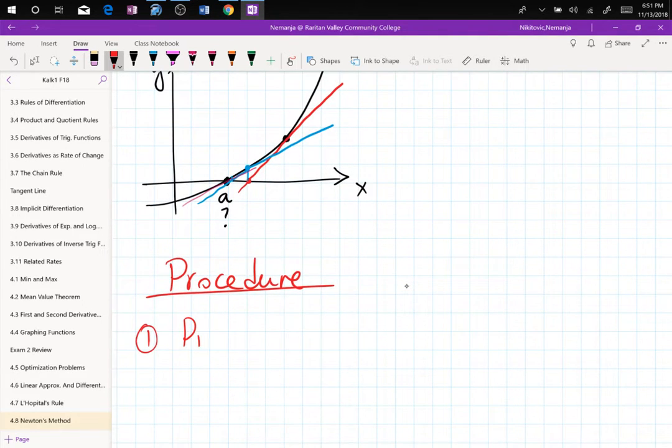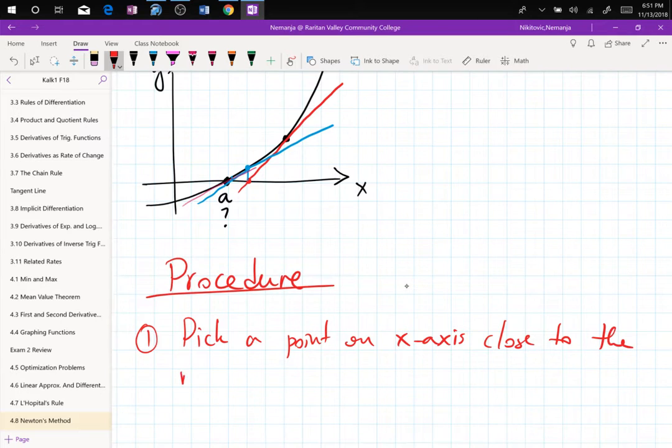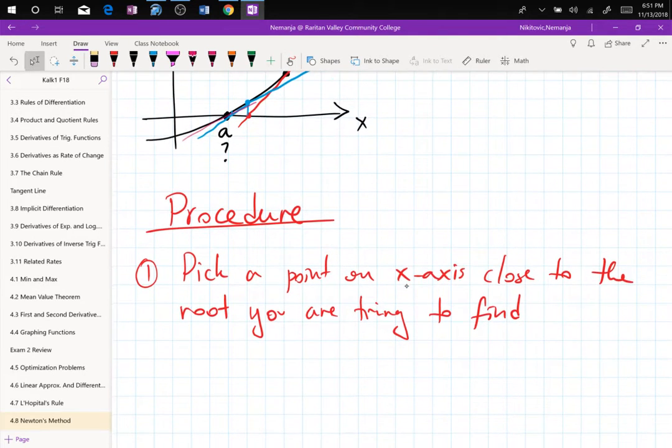Number one, pick a point on the x-axis close to the root you are trying to find. And that point, call it x0. That's the first one.